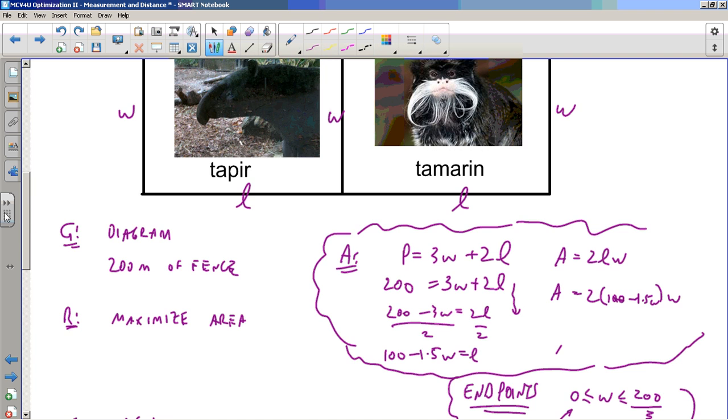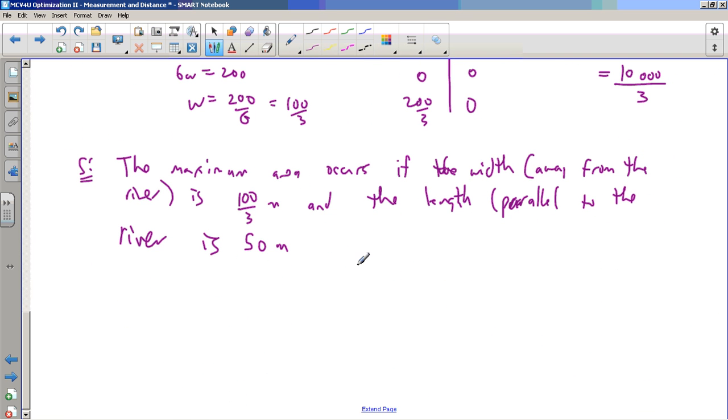There and there, 50 and 50. That's it. That's the maximum area. That's how Ferd should build the pens. Dandy. Okay, so in part two, we're going to pick up with some other measurement and distance questions.